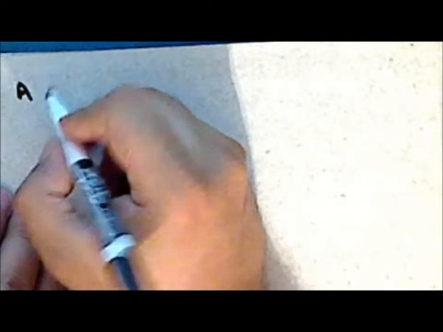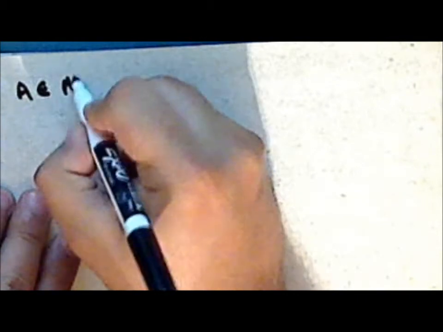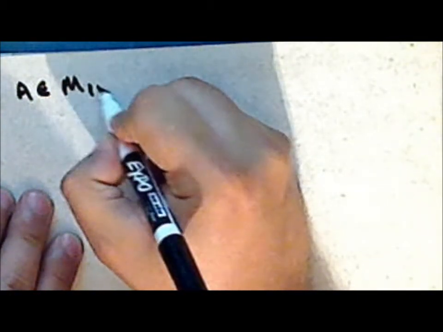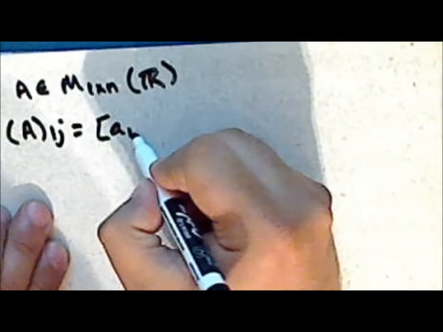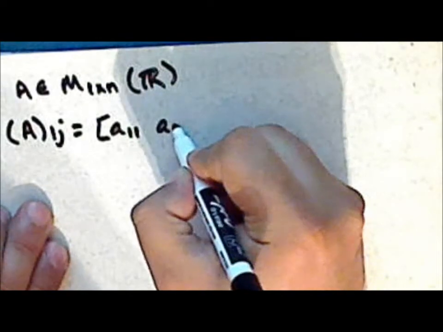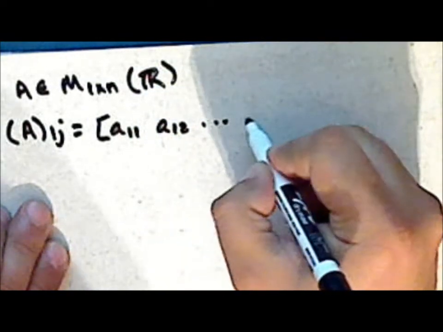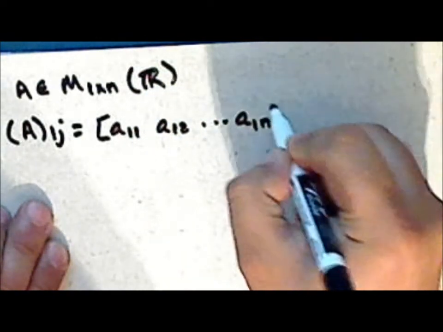Okay, so in the previous example, the vector A was a row vector with real entries. So if we were to list the entries of this vector, there is a single row, and so we could list its entries as A1,1, A1,2, and so on, up to A1n.